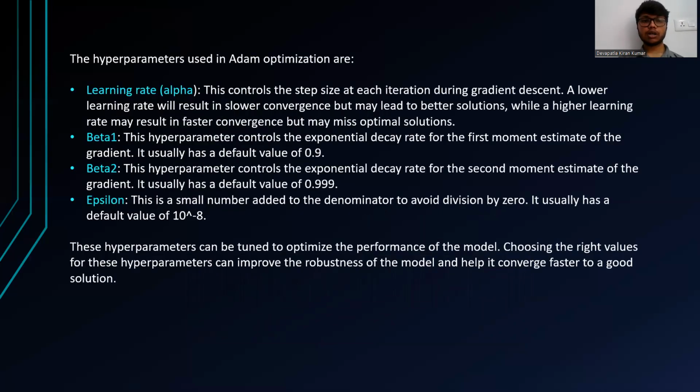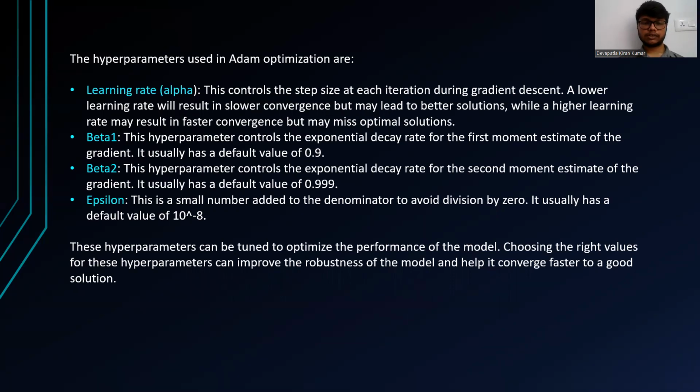Now let us discuss what hyperparameters are used in the Adam optimization algorithm. The hyperparameters are learning rate, beta 1, beta 2, and epsilon. We'll look into them one by one.